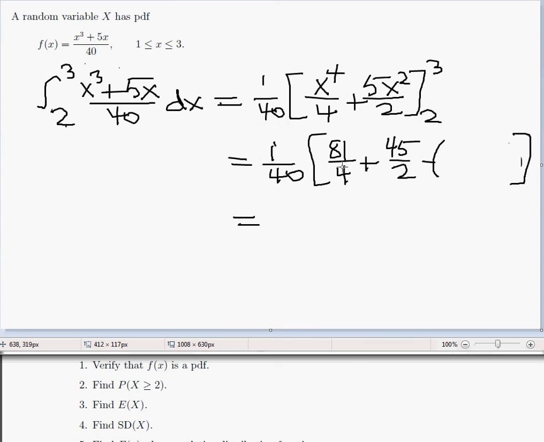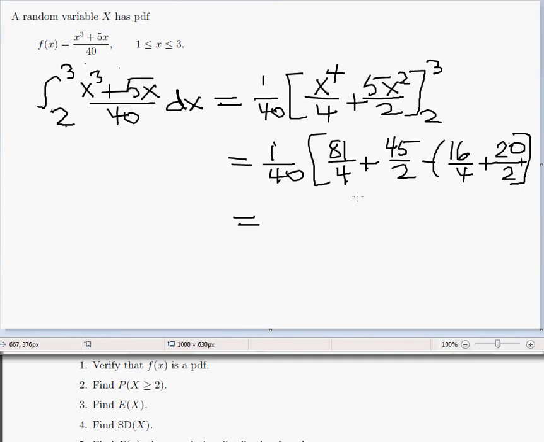So plugging in 3 again, I get 81/4 plus 45 halves. Plugging in 2, I get 16 over 4 plus, plugging in 2 again, I get 20 over 2.